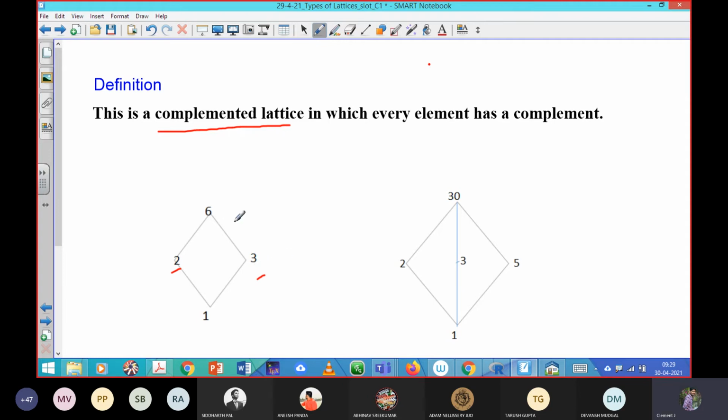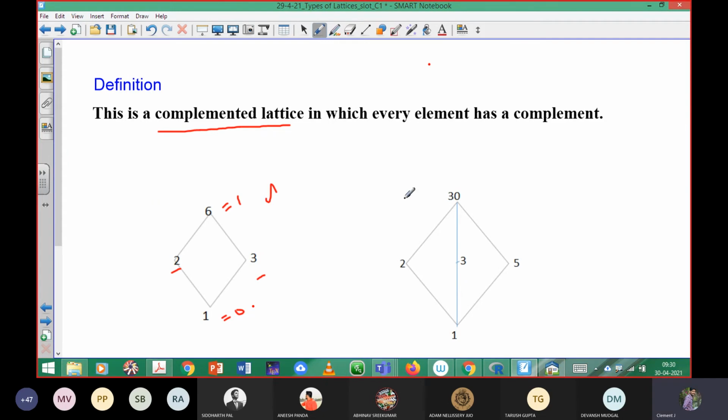Now here this is your 1, this is our 0. According to this diagram, what is the complement element of 6? 1. What is the complement element of 3? 2. So can I call this a complemented lattice?